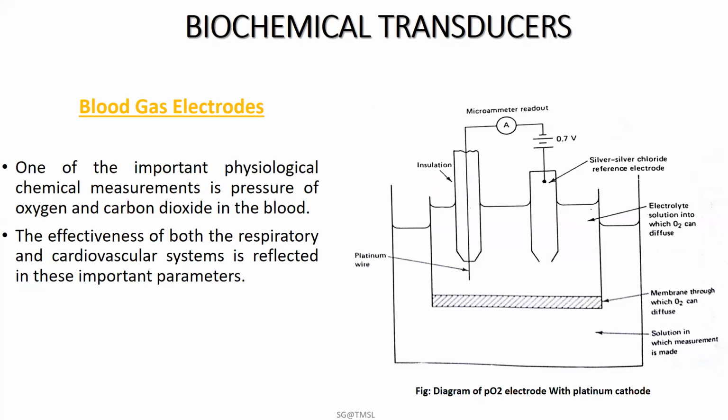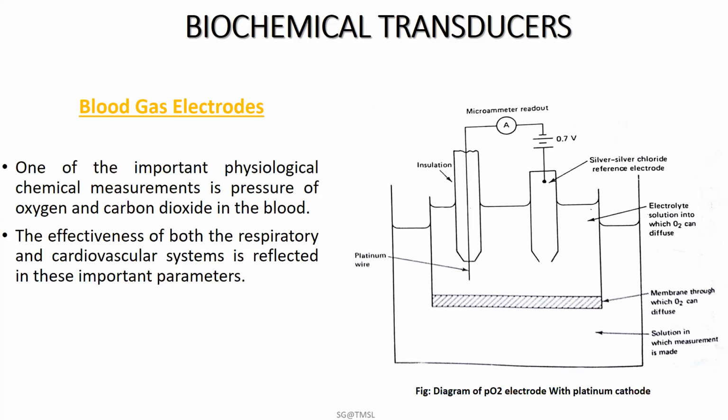The partial pressure of a dissolved gas is the contribution of that gas to the total pressure of all dissolved gases in the blood, and this partial pressure is proportional to the quantity of that gas in the blood. The effectiveness of both the respiratory and the cardiovascular system is reflected in some important parameters, like the pressure of oxygen and carbon dioxide.